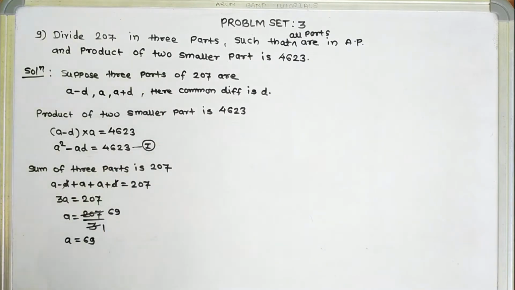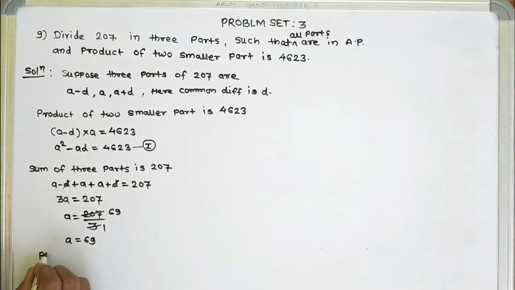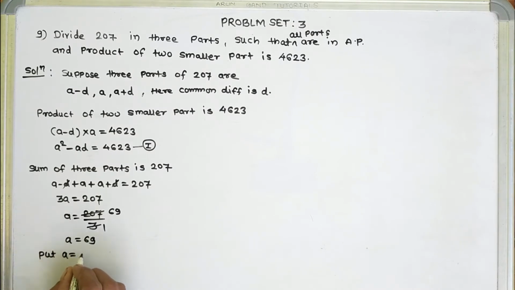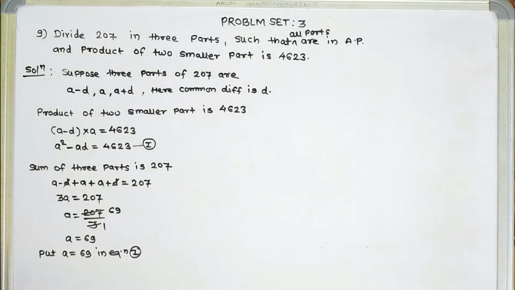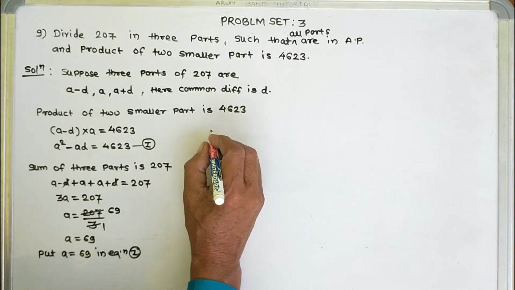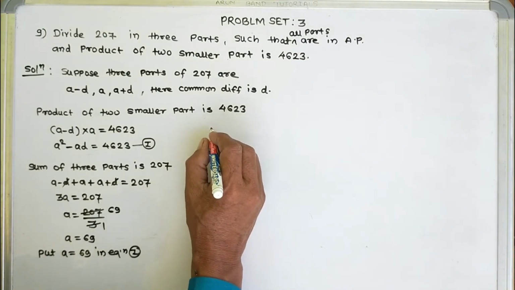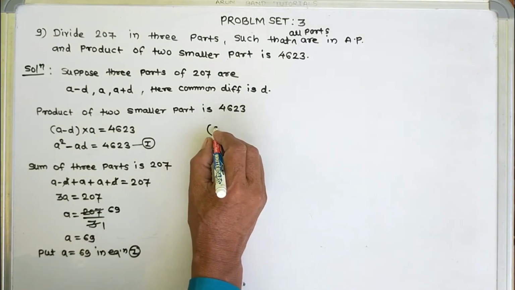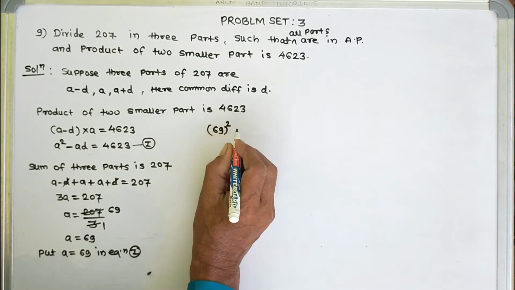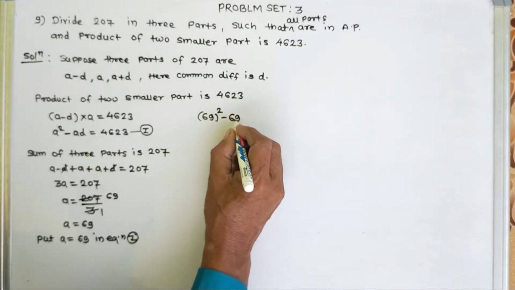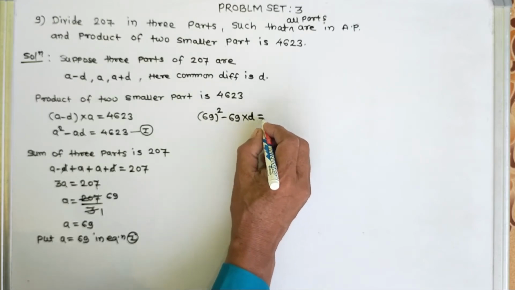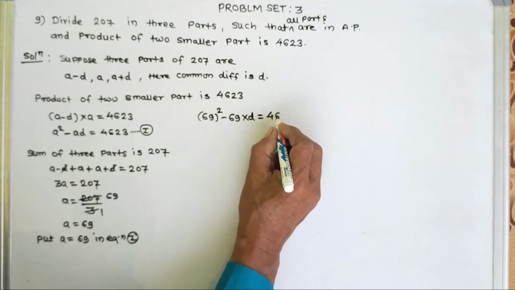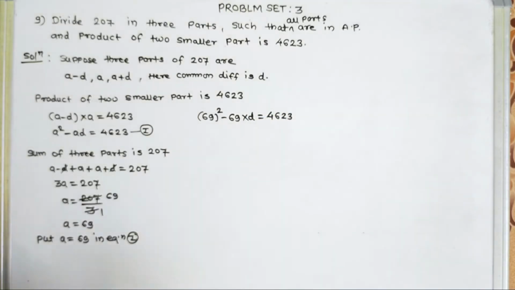Put this value in equation first. Put a equal to 69 in equation first. So we will get a square is 69 square minus 69 into the value of d equal to 4623.